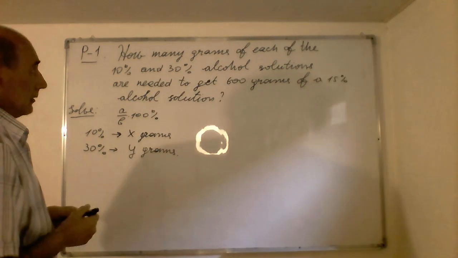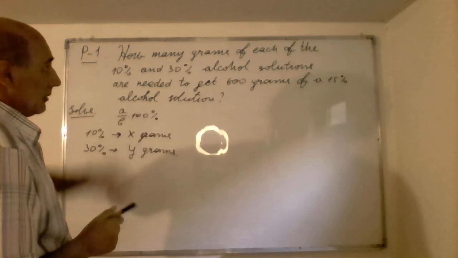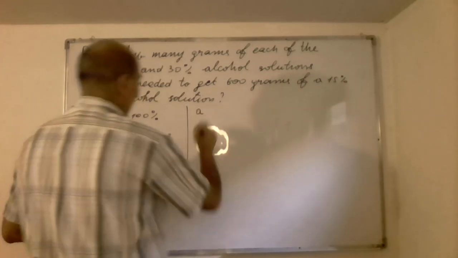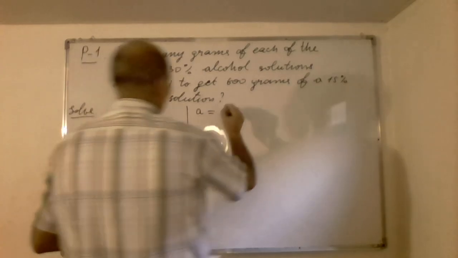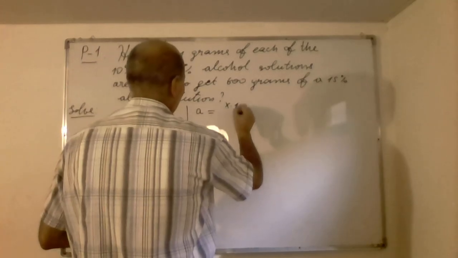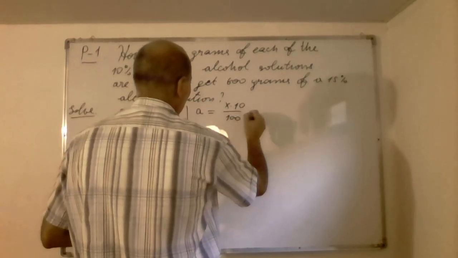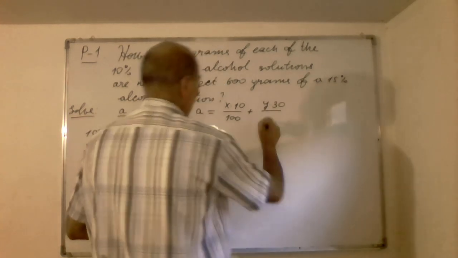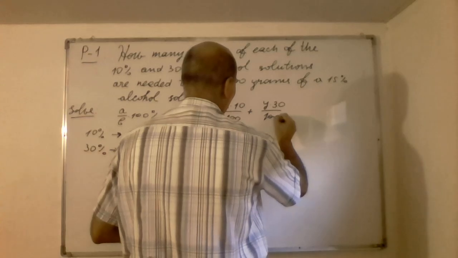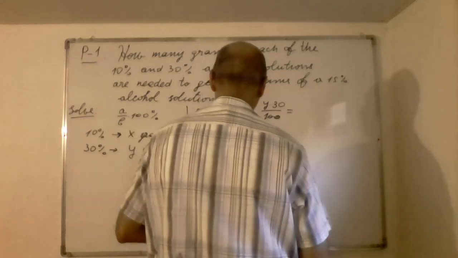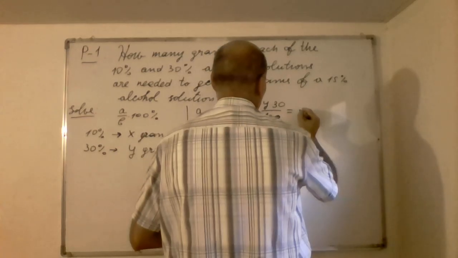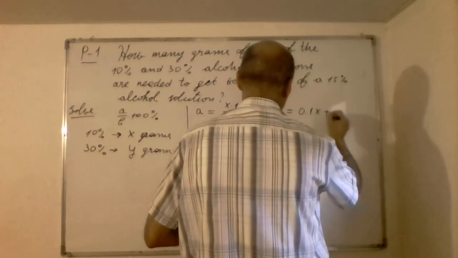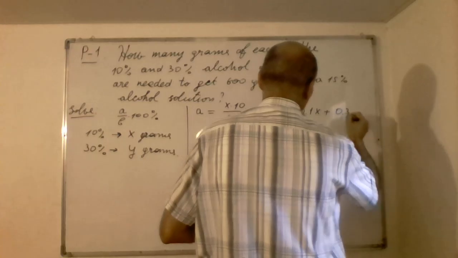Then from the conditions of the problem we can write A equals x times 10 divided by 100 plus y times 30 divided by 100, which equals 0.1x plus 0.3y.